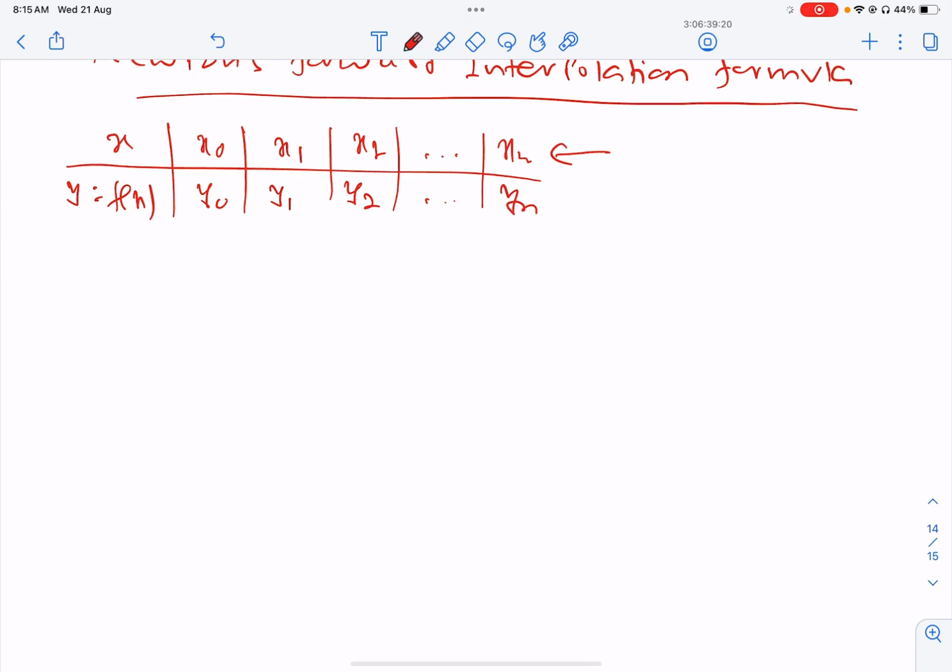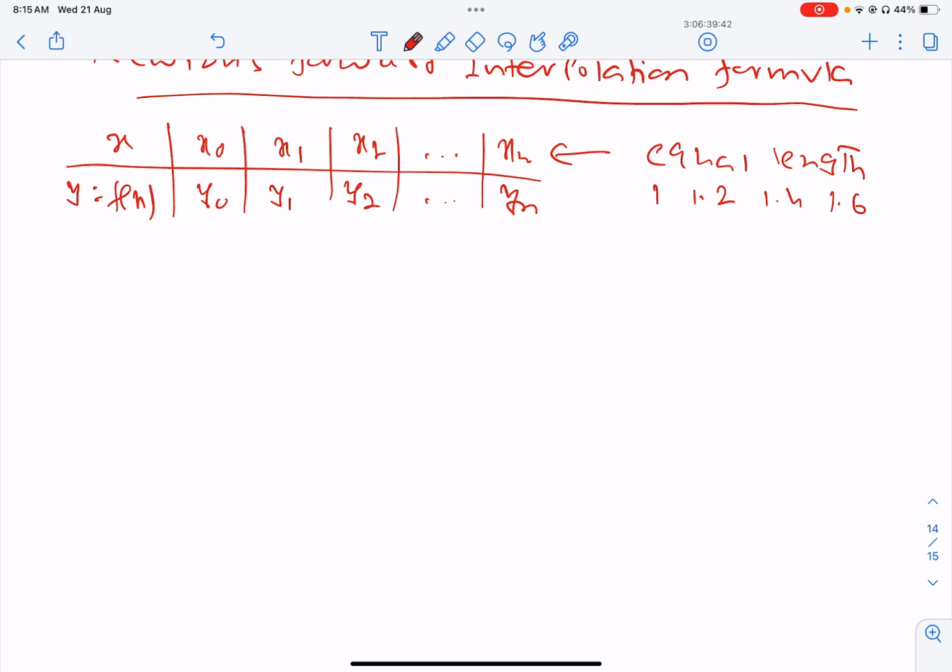Now here the x values have equal length, or you can say equal subinterval, like 1, 1.2, 1.4, 1.6.